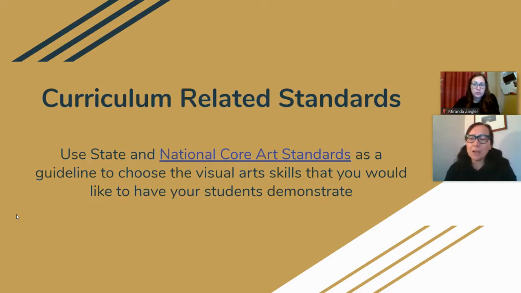If you do a search on NMPED, you'll find them, but they're very similar to the National Core Art Standards. You can use those as a guideline. Look through what you're looking for in the work that they're creating, as well as all of the other skills we mentioned, like the professional and entrepreneurial skills, etc.